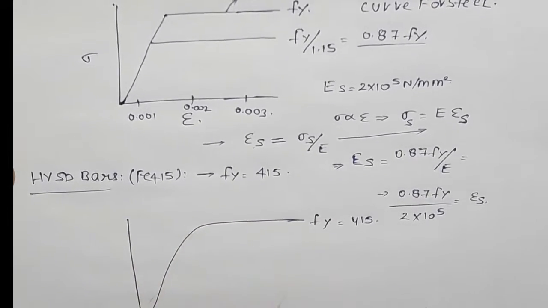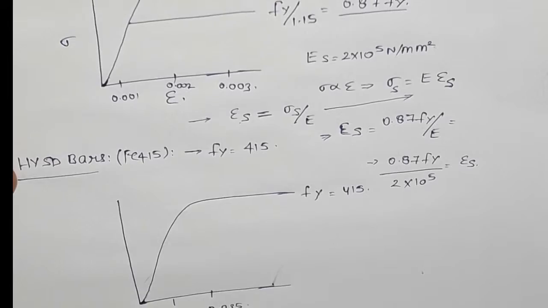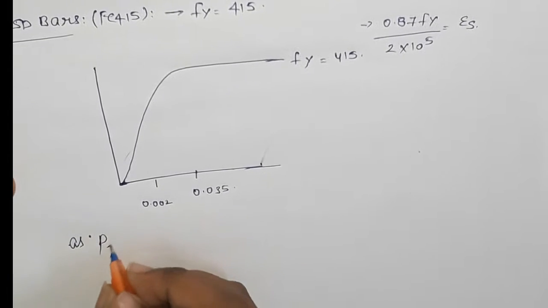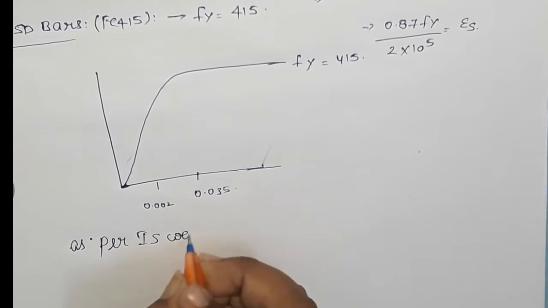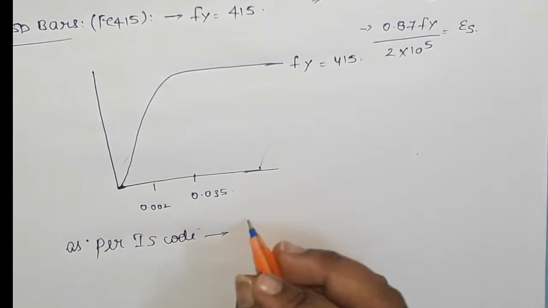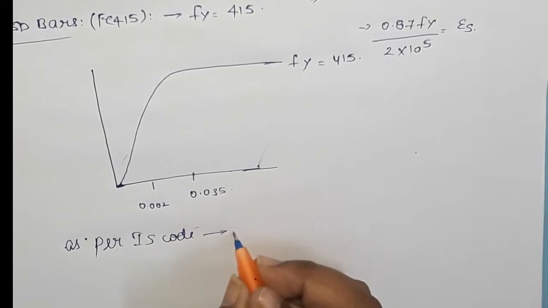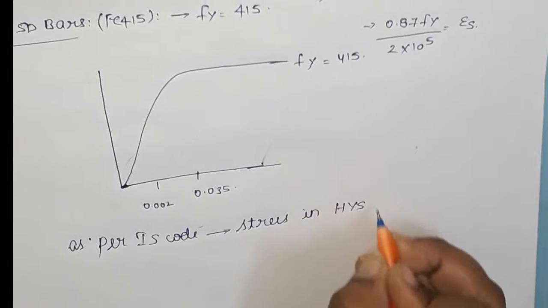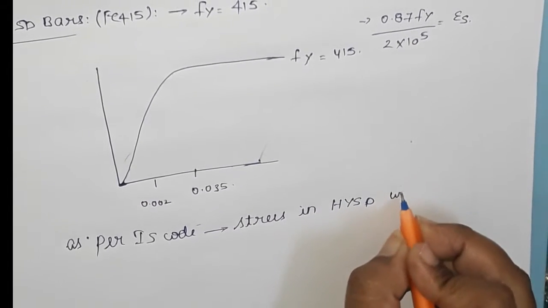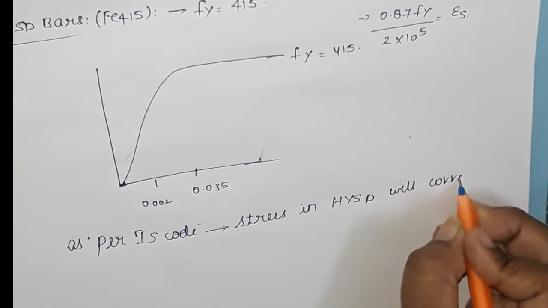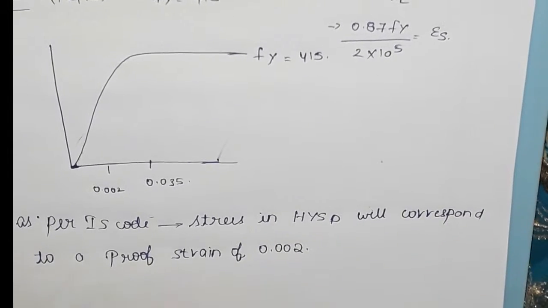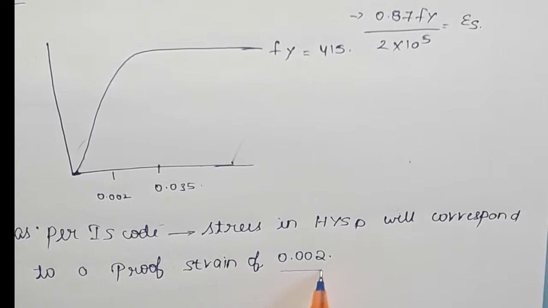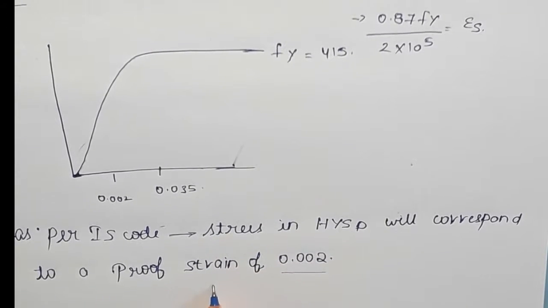As per the IS code, always we have to remember one point: stress in HYSD bars is going to have a proof strain of 0.002. You will find this statement in IS 456.